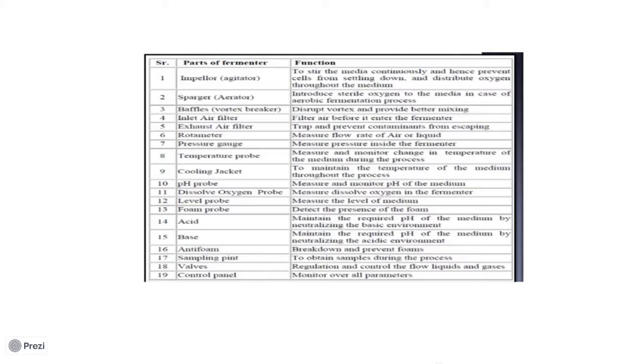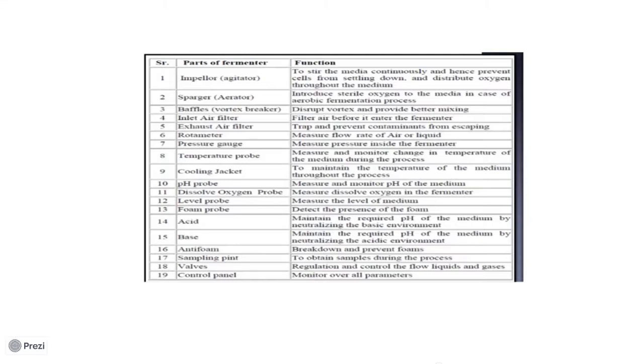Baffles, which are nothing but vortex breakers, disrupt vortex and provide better mixing. Inlet air filter filters air before it enters the fermenter. Exhaust air filter traps and prevents contaminants from escaping.